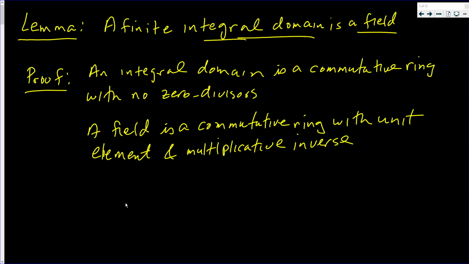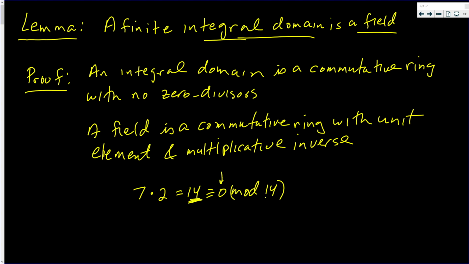What does it mean, no zero divisors? For example, 7 times 2 is 14, which equals 0 mod 14.